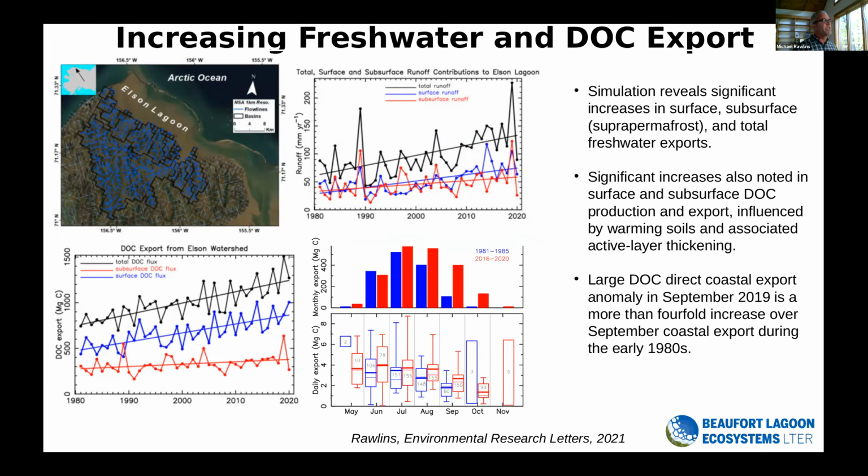And long story short, there have been increases in freshwater export and DOC export based on the modeling over the period 1981 to 2010. Particularly, you have a large anomaly here in 2019, a large freshwater anomaly, and much increased super permafrost subsurface DOC export here, particularly in September and in October.